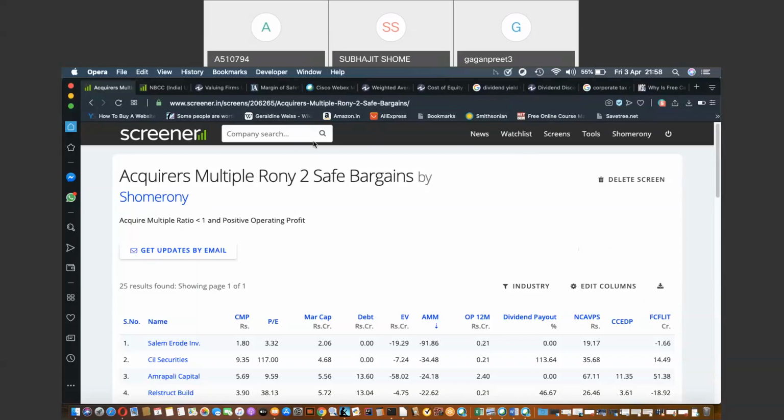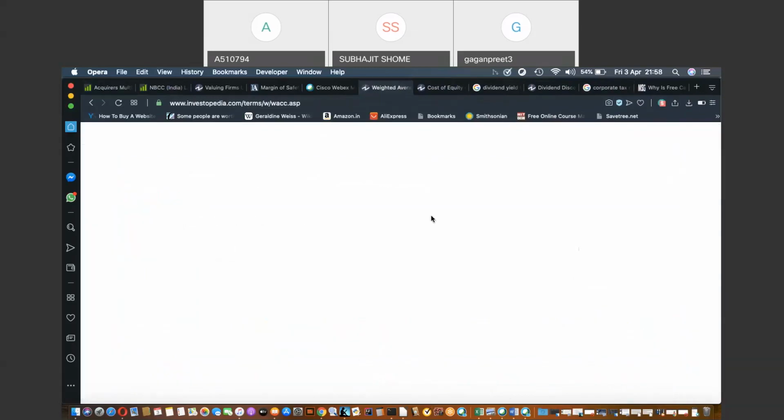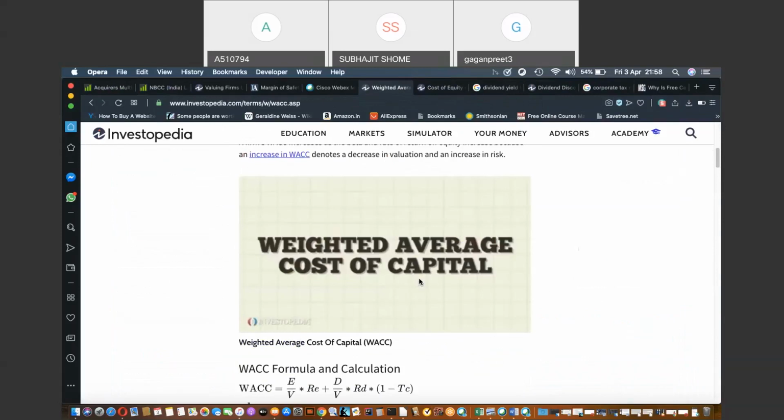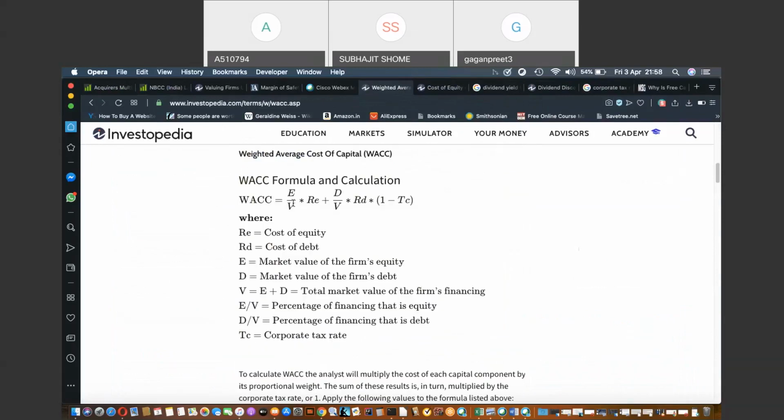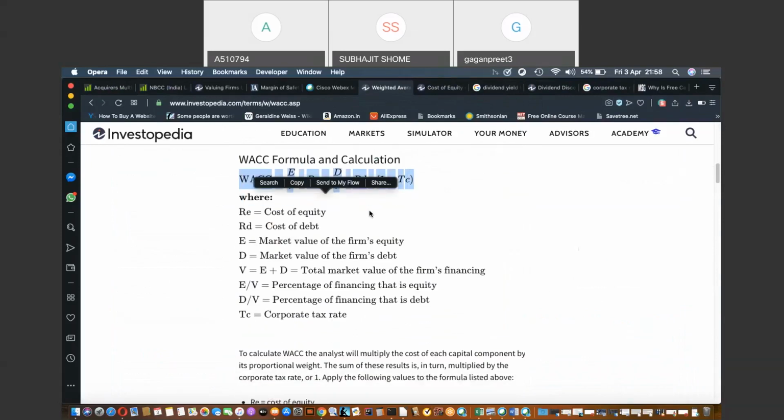In fact, half an hour we spent only on calculating what is weighted average cost of capital. That's cost of equity, correct?